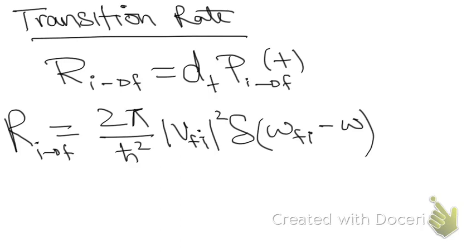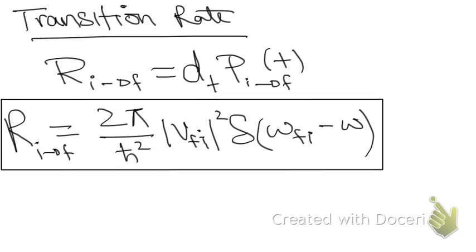Okay, so this relation that we just derived over here is known as the transition rate. And this Dirac delta function has a very important significance in this expression, and that is that the Dirac delta function is here known as the energy conserving delta function.